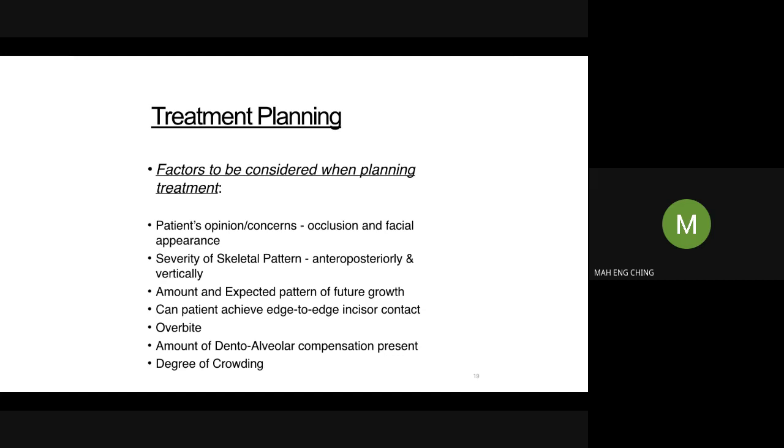This is called the dentoalveolar compensation. Let's say the upper incisor is already proclined a lot, and maybe it's not good to procline any further. And same for the lower incisor. Let's say it's already retroclined a lot, and maybe it's not wise to retrocline the lower incisor further. So the amount of dentoalveolar compensation also determines the treatment plan.